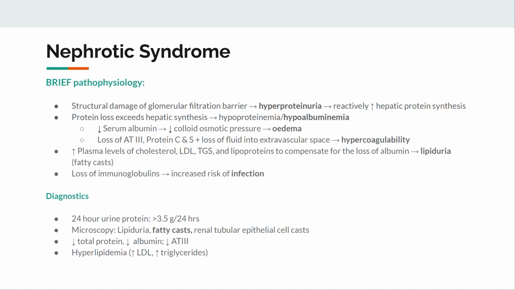Now, another thing that happens is that you lose other proteins, such as your antithrombin 3 and protein C and S. Now you might also say, well, why don't you lose all your other clotting factors? I don't know. But the simple way to look at this is that you lose your natural anticoagulants, and so you end up hypercoagulable.